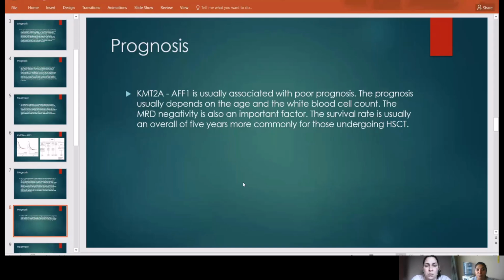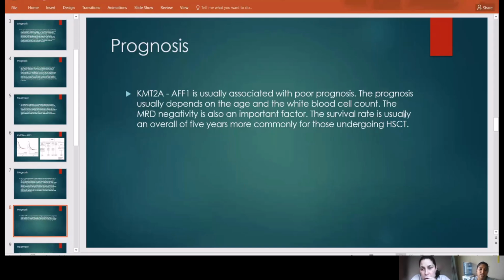So that makes it a very poor prognosis, because you do not know how it is affecting the person until it is absolutely on the worst side. So it's very difficult to capture this gene at a very young or very early stage. You won't see much of the signs and symptoms.